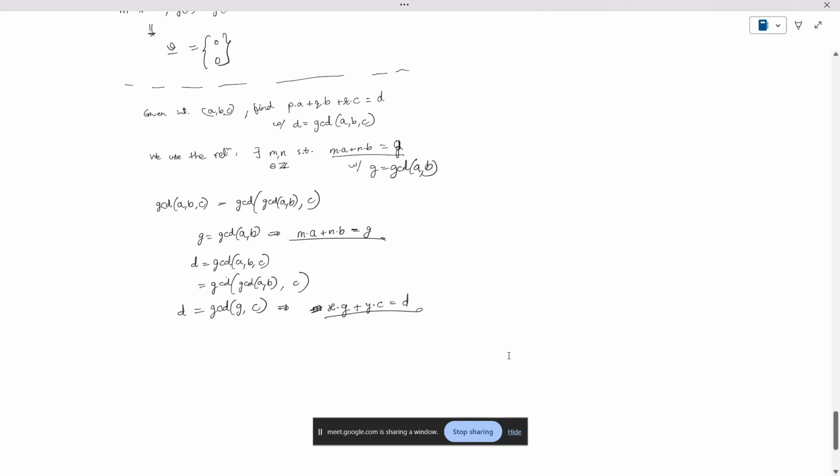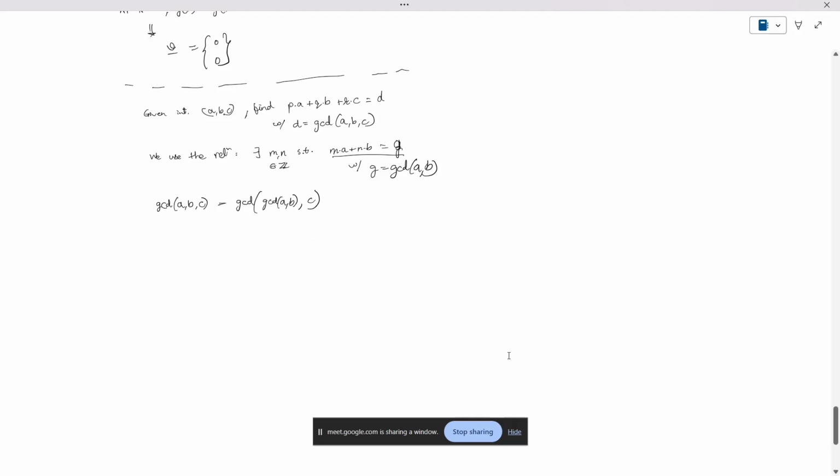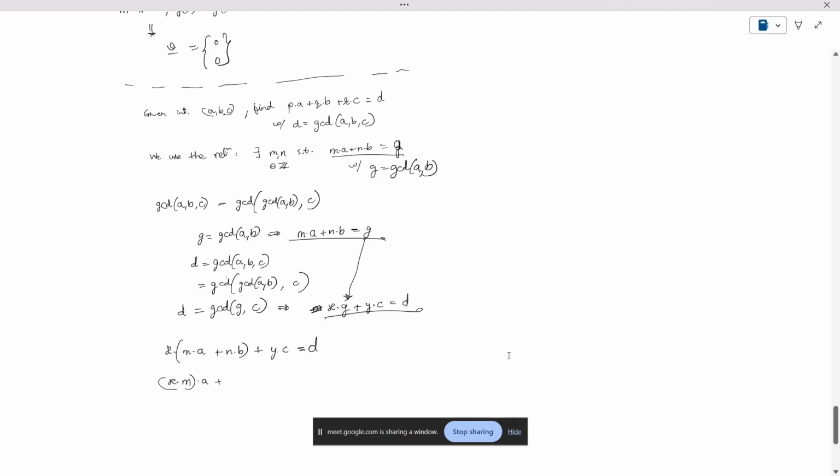If we use the first relation and input it here, what do we get? X times (MA plus NB) plus YC equals D. So you have X into M into A plus X into N into B plus Y into C being D. Now we know that X, Y, M, N are all integers. Therefore, XM and XN are also integers.